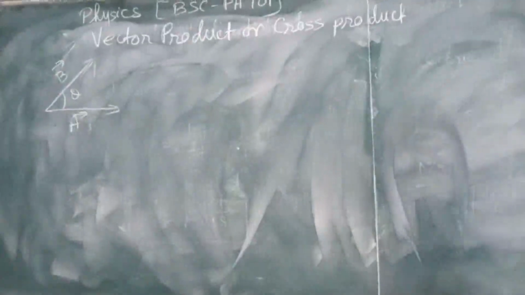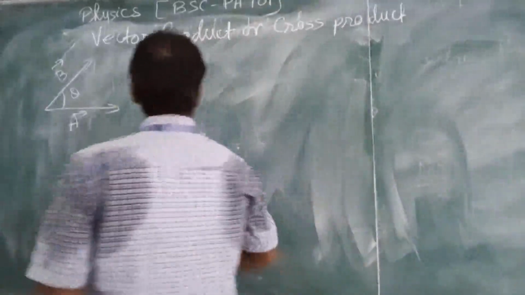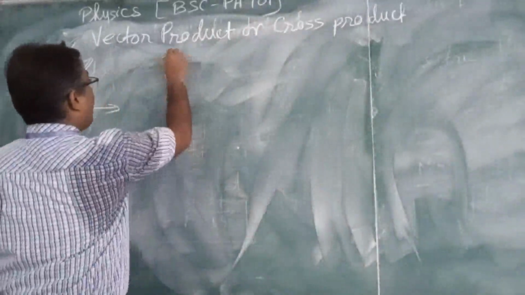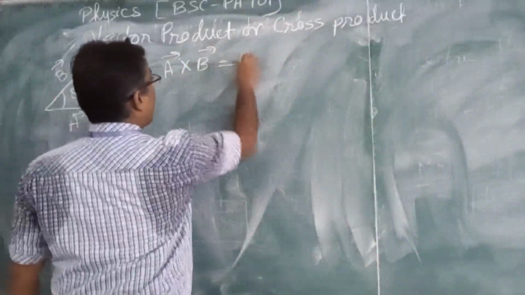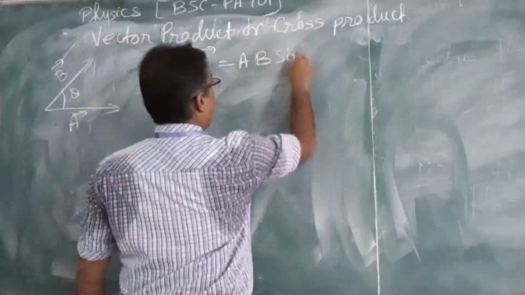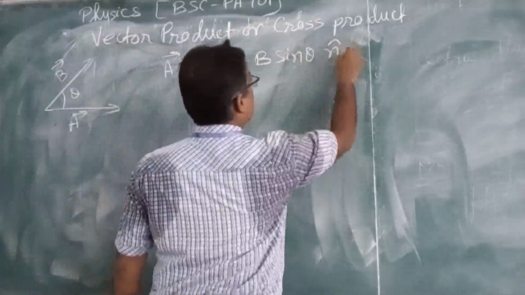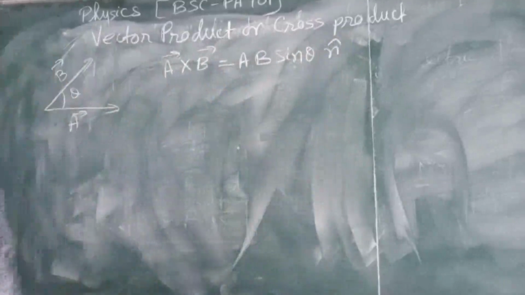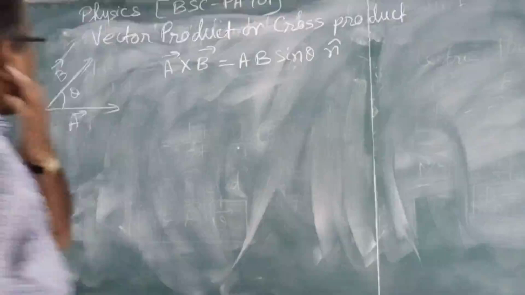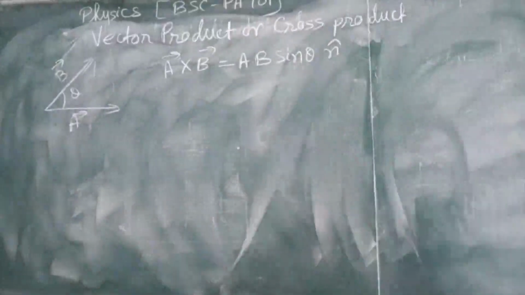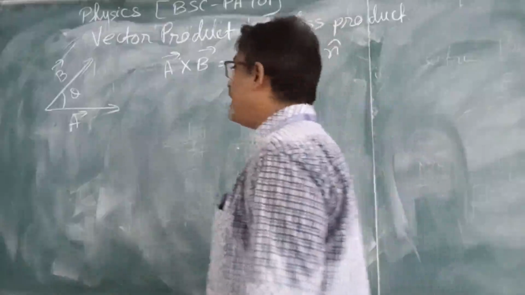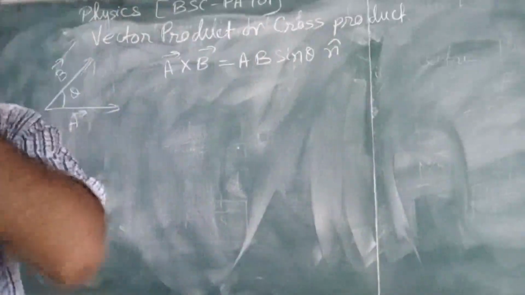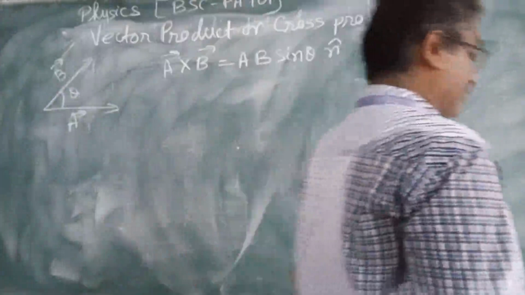is written as A cross B equals AB sin theta n cap, where n cap is the unit vector.